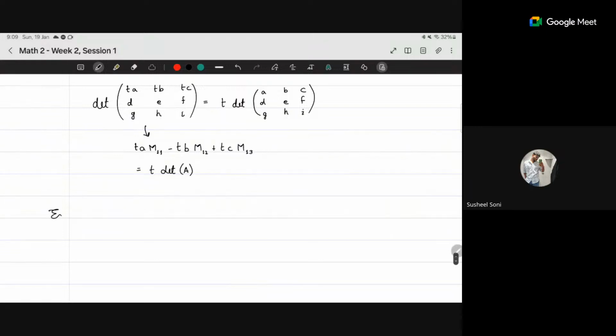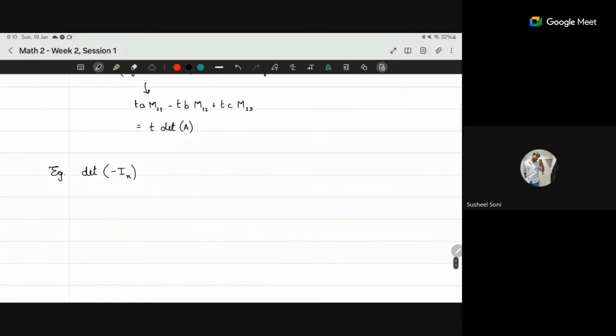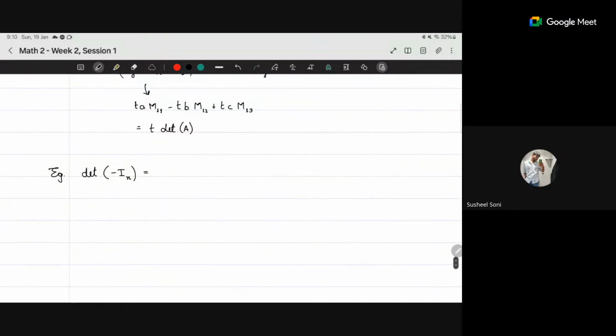So let's take an example. What is the determinant of minus identity of order n? Anyone? -1, sir. Okay.